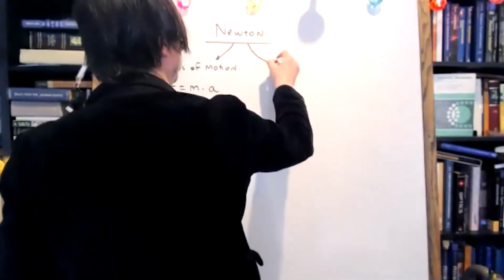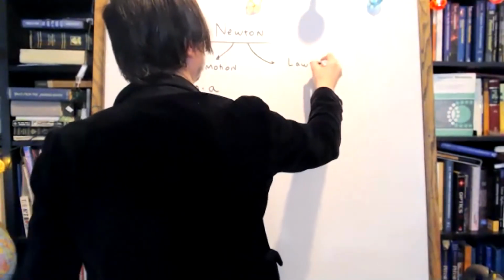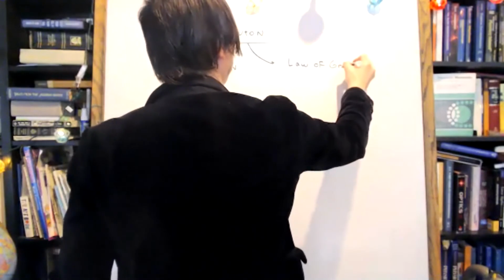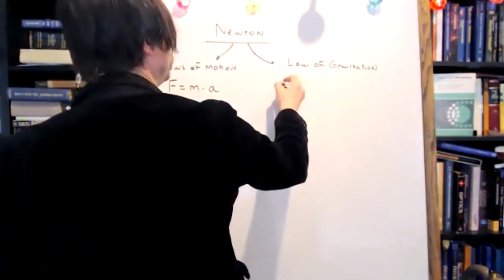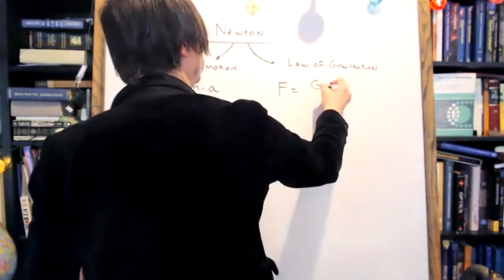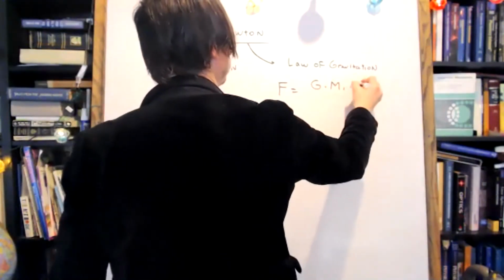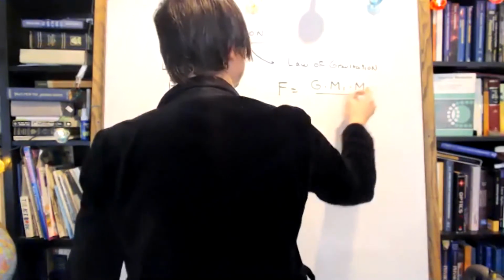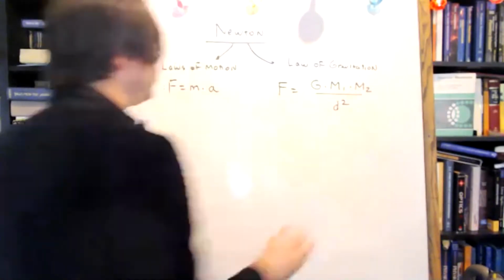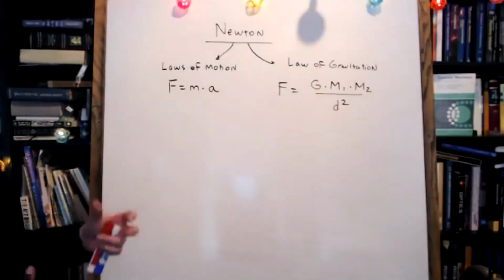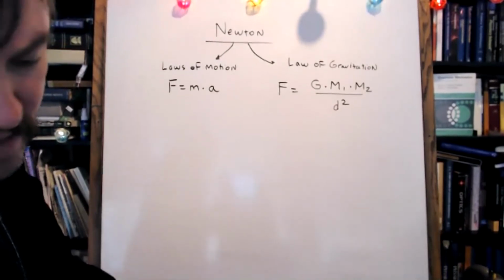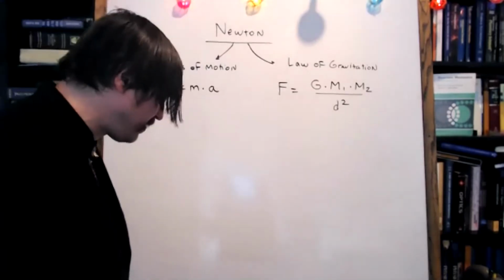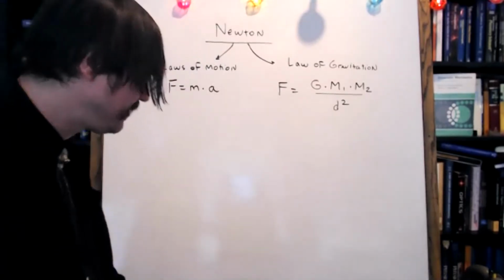He also did another thing. He gave us the law of gravitation. The law of gravitation was a way of calculating the actual force of gravity between two masses. The thing that he did next is really complicated because it's very mathematical, but I can sort of explain the concept.